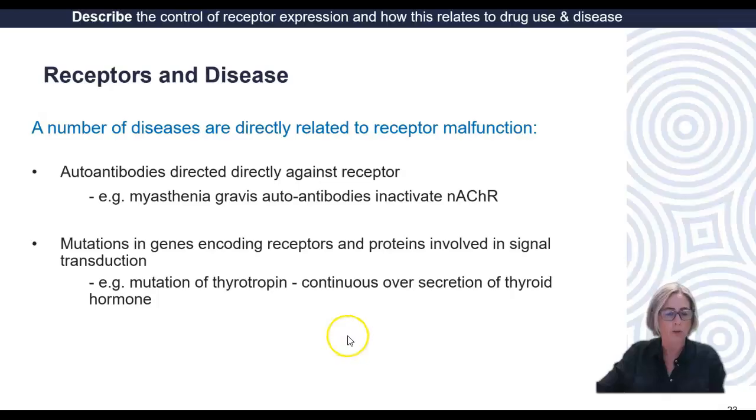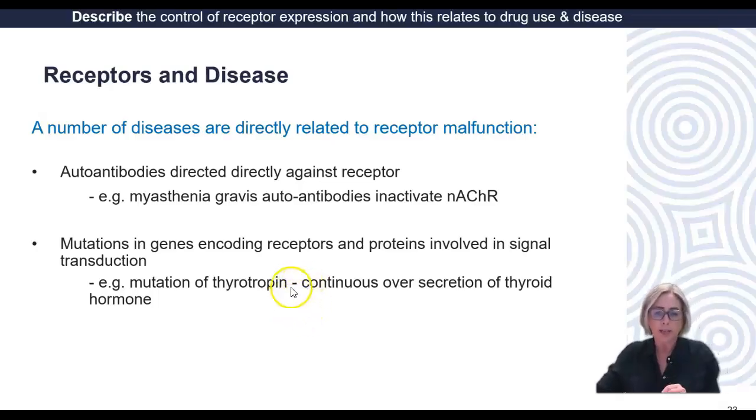And mutations in genes encoding receptors and proteins involved in signal transduction. For example, mutation of thyrotropin. Now, if you remember back to your physiology, thyrotropin is another word for thyroid stimulating hormone.